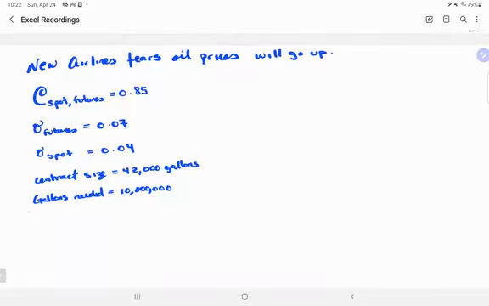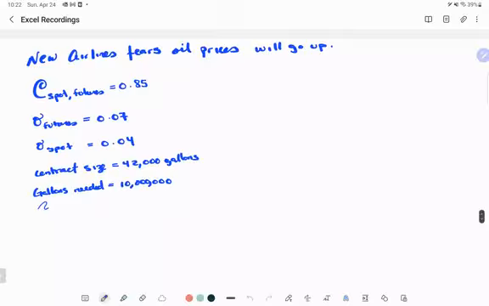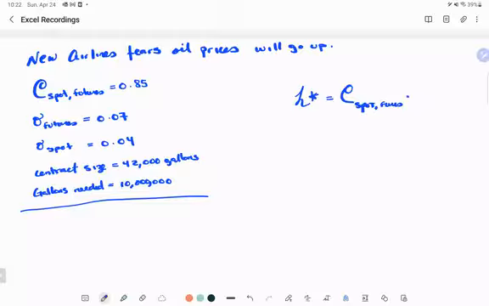Now, one important question is, how do we find out what is the optimal number of contracts? The one important thing here is we have to remember this formula, which is the hedge ratio. And this hedge ratio, we're going to represent with an H. The formula is the correlation between the spot and futures, multiplied by the standard deviation of the spot and divided by the standard deviation of futures.